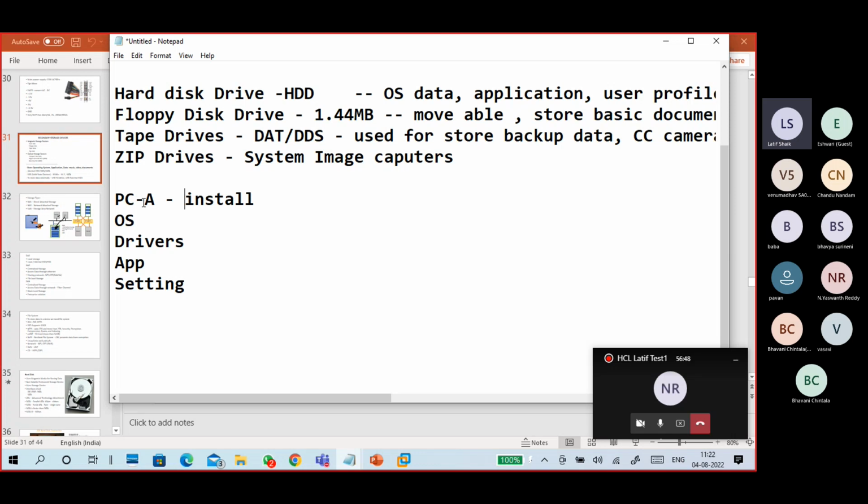That data should be downloaded and kept on our PC. Then do the required settings, login related information and all. So understand: first install the OS, put in drivers, apps, settings, and some pre-data.